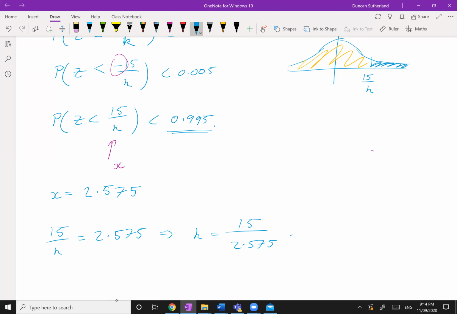And if we did that on our calculator, we would find it's some awful number, 5.83, close enough. All right, so if our standard deviation is this, then we would only end up with about 1% of bags being defective.